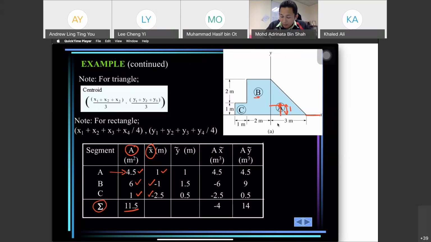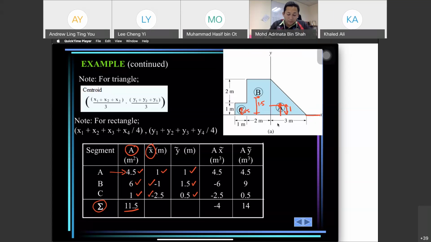For B, y bar is 1.5 meter because the height of B is 3 meter, and C is 0.5. So we have 1, 1.5, 0.5. That is positive y.